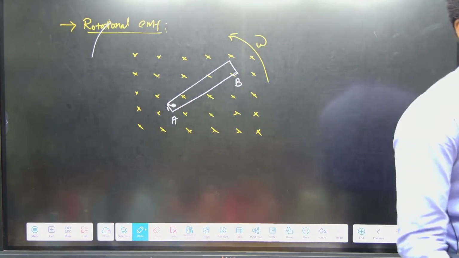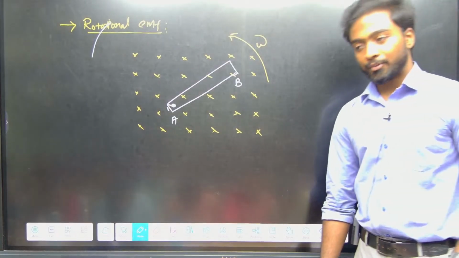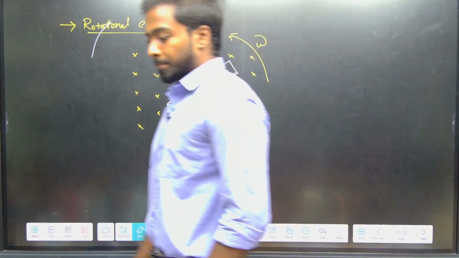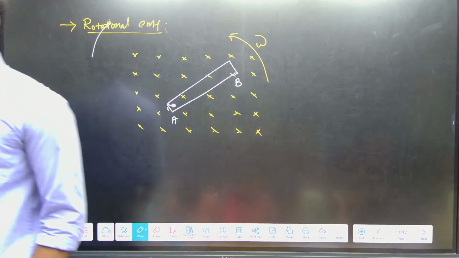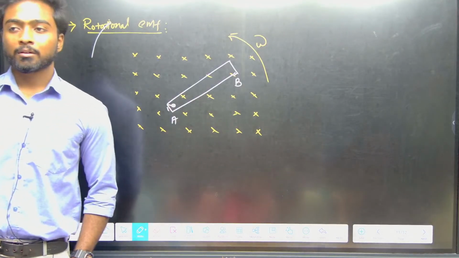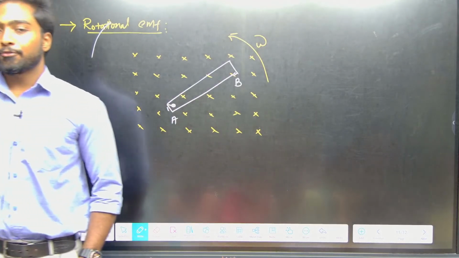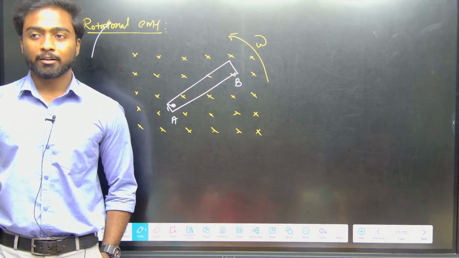What flux is it? Magnetic flux. Next point, so induced EMF and current are also created.